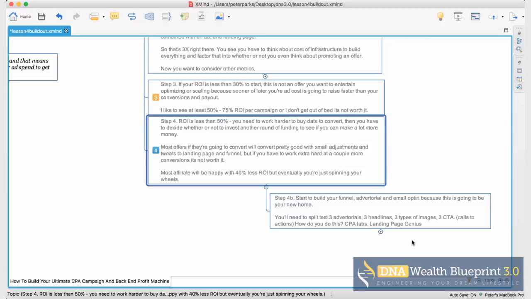I've never used it, so I don't know. I know they can go down a few different layers, but with CPV Lab and Landing Page Genius as your optimization workhorse, you can go down up to 30 levels deep. So you can get 30 different metrics at once, and that's going to be a game changer for you when you're trying to scale. Okay, so that's just my recommendation.